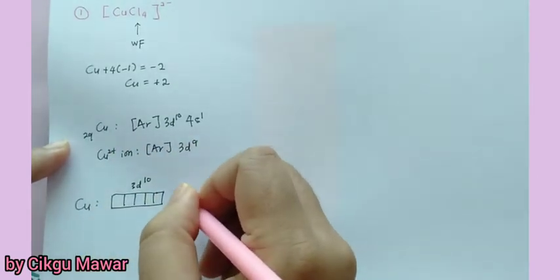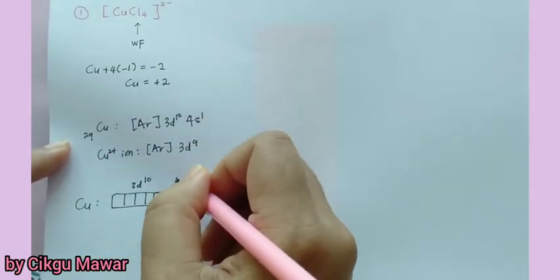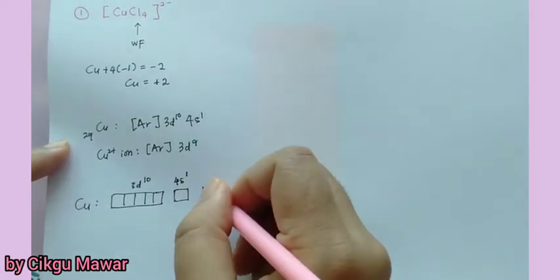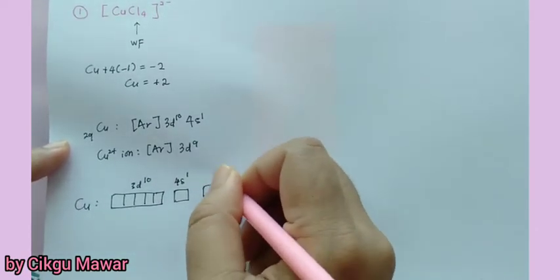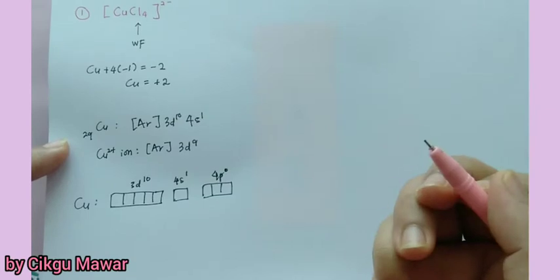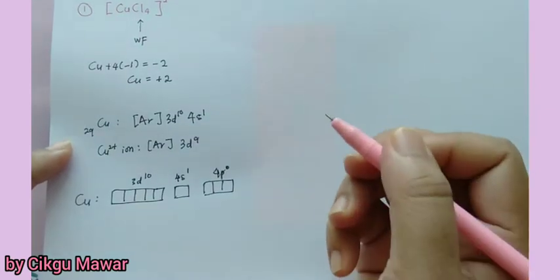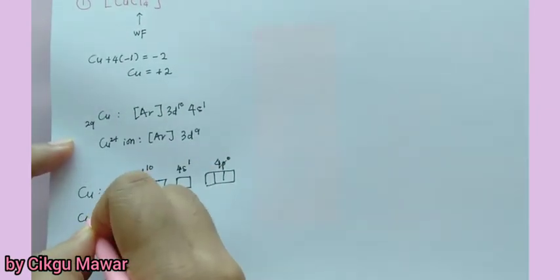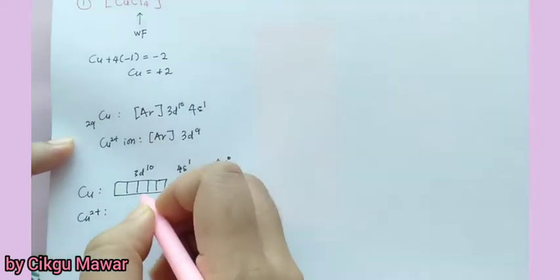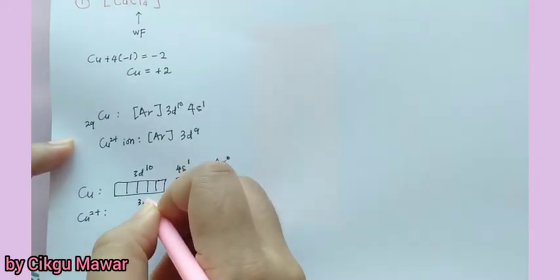Originally it has 4s1 here. It also has 4p, but with zero electrons. Now when it becomes copper 2 plus, it becomes 3d9.